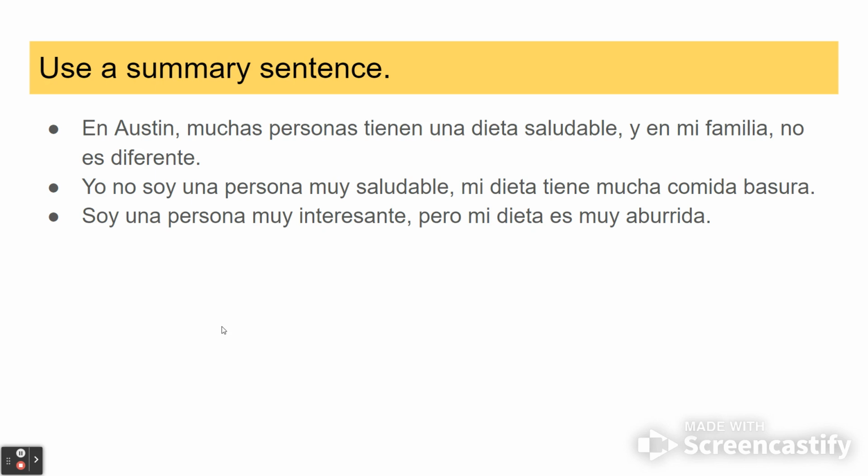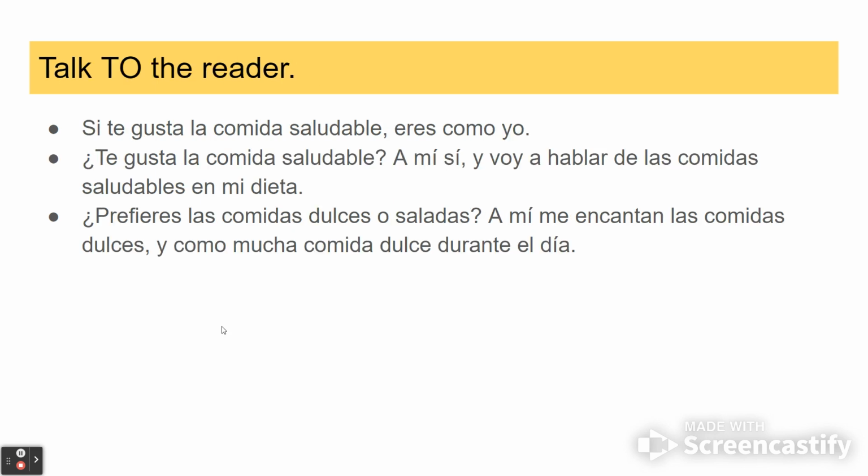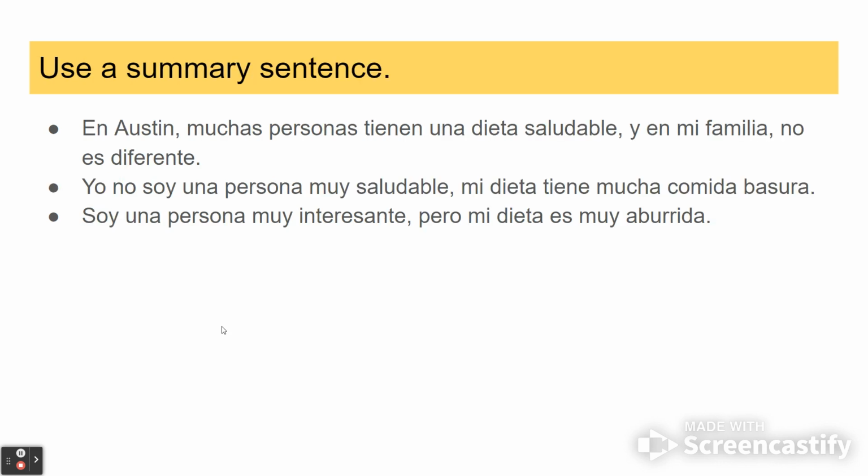Okay, so here I'm setting up my paragraphs to say that my diet is really boring. And then I'll go on and explain about how my diet's pretty boring. Maybe it's just cereal and sandwiches and cereal again, etc. So one way, again, is to use summary sentences.